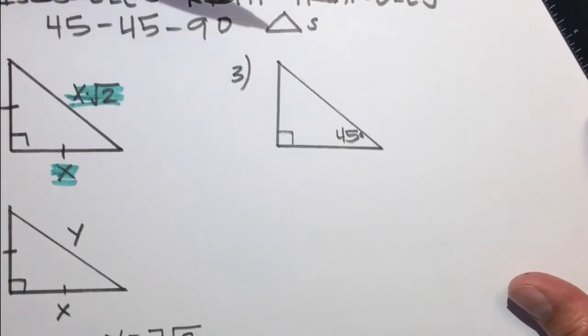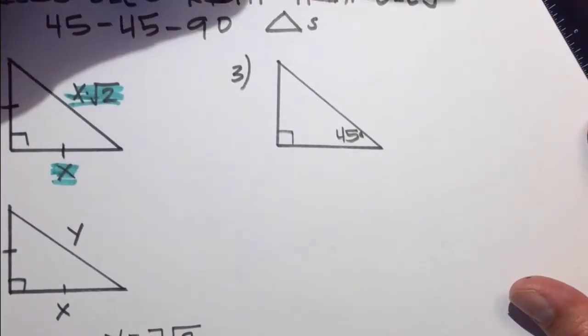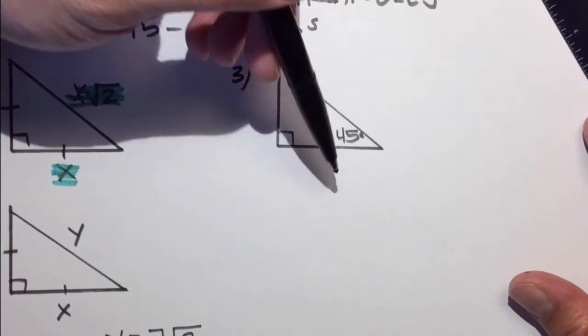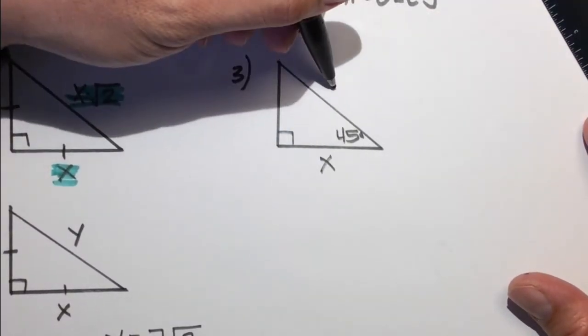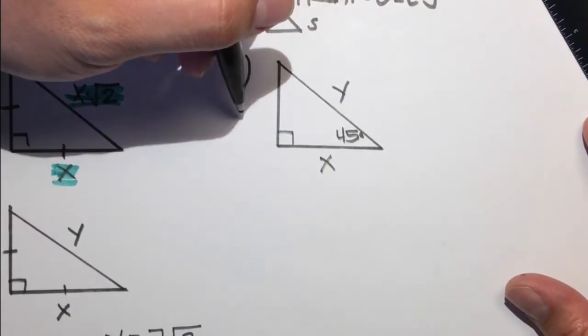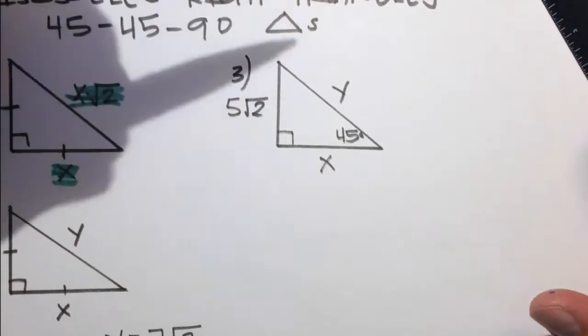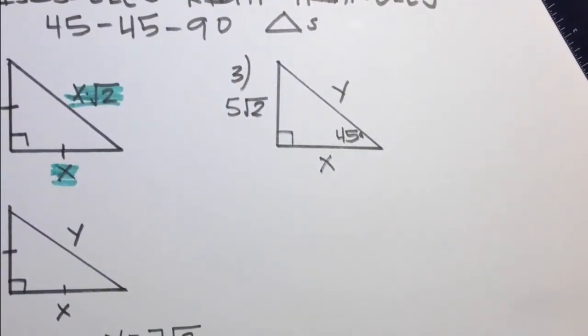So this is an isosceles right triangle, or 45, 45, 90. But anyways, that wasn't the question. The question is, let's make this x, let's make this one y, and let's make this leg right here 5 radical 2. Press pause, figure it out, and then unpause it.